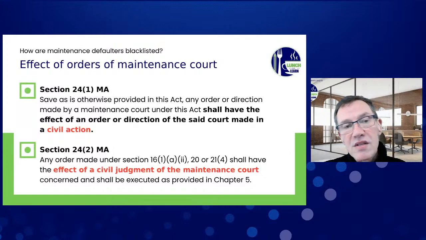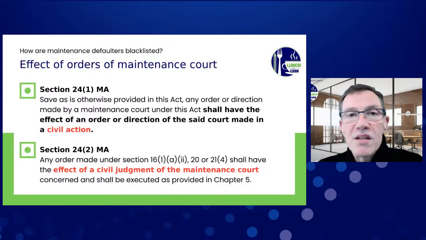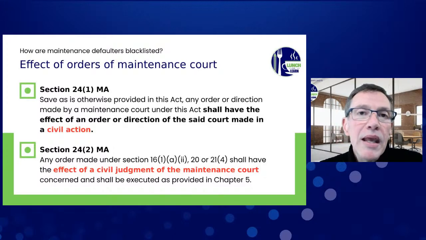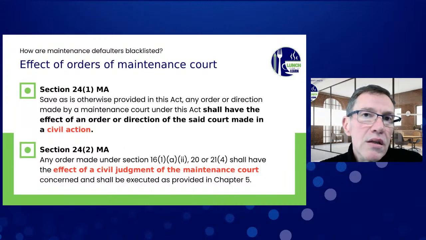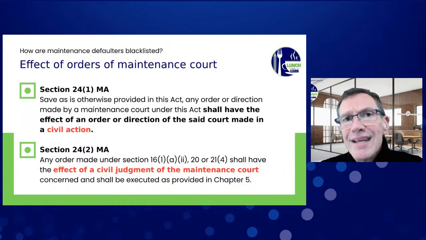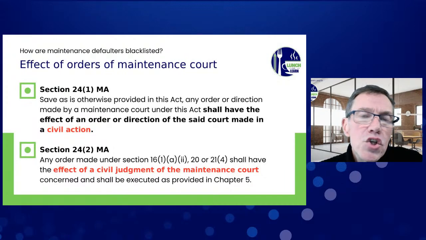So here we sit with Section 24 of the Maintenance Act, where it says it is considered to be a default, as if it is a civil judgment. So that should be listed, even though there might be other provisions in the Maintenance Act allowing for the details to be given to the credit bureaus as a default, because it is a default order. That it should be listed.